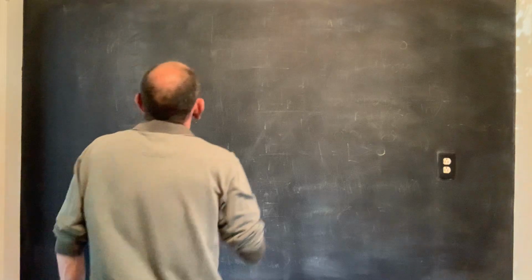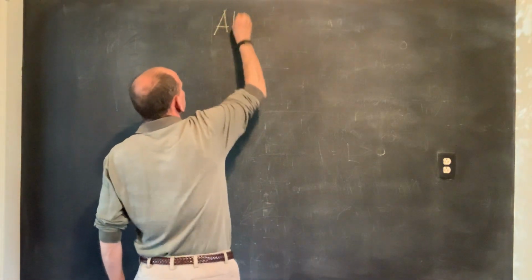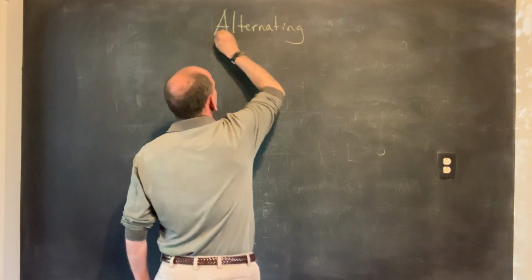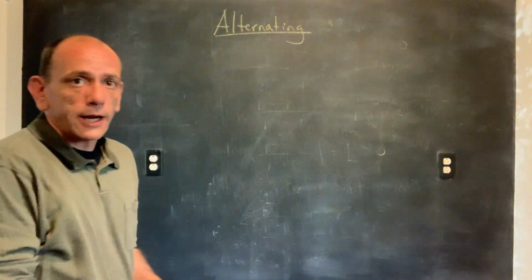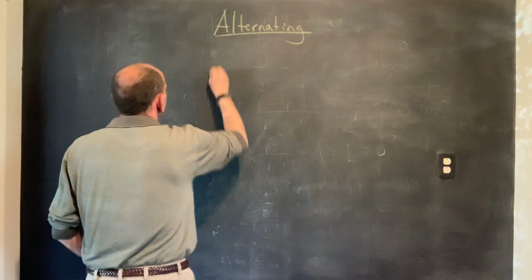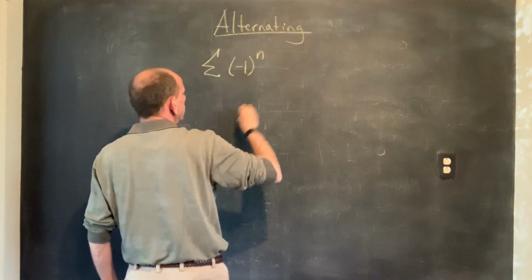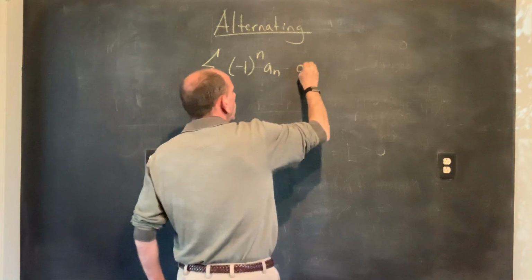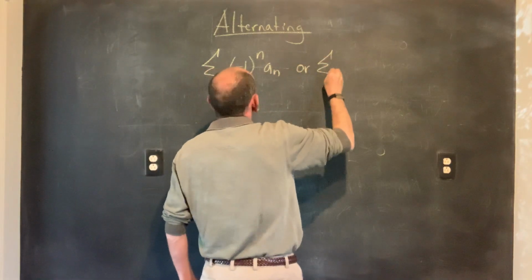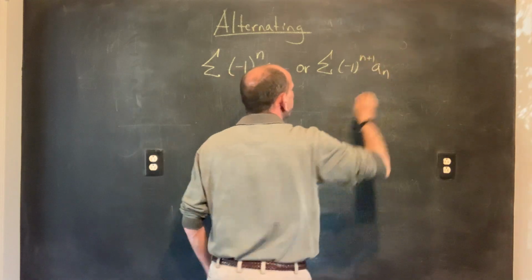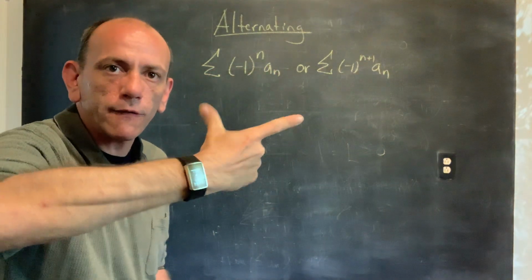Okay, alternating series. Alternating series are series that contain -1 to the n, a sub n, or -1 to the n plus 1, a sub n. In other words, they alternate, they flip-flop.